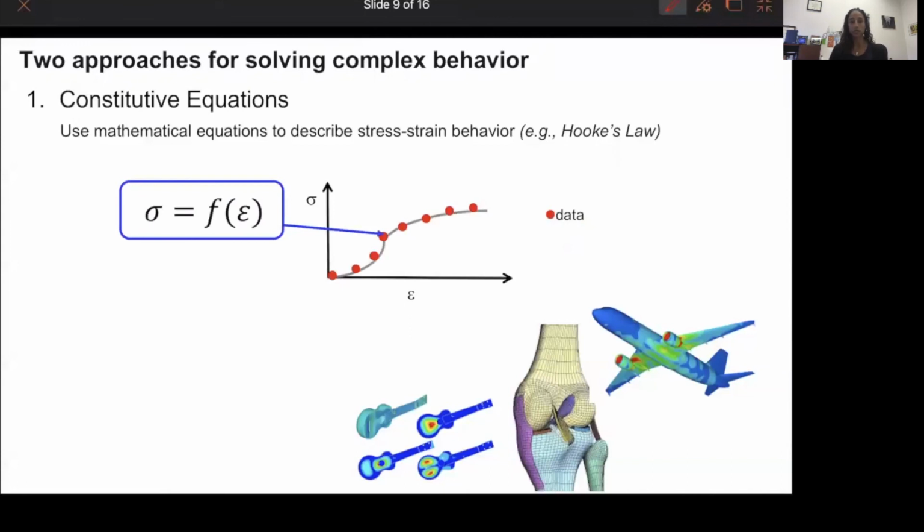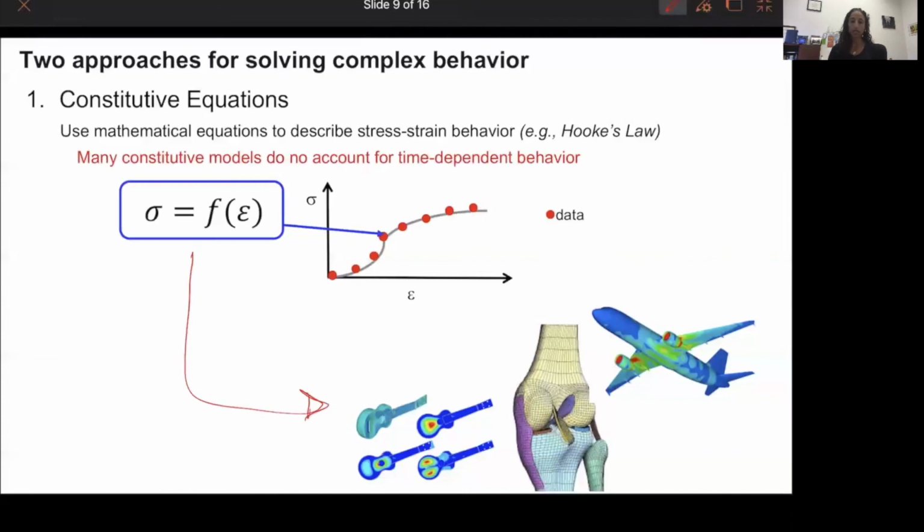So essentially what we're saying is we have some type of stress response to applied strain, and we're going to describe this with a function. And then once we know what this function is, we can then actually apply this to finite element models that will allow us to evaluate and visualize 3D stress strain responses. However, many of the constitutive models do not account for time-dependent behavior, many of the hyperelastic type of constitutive models.